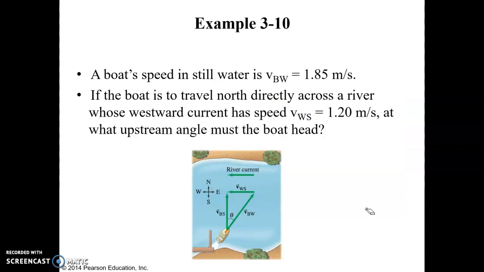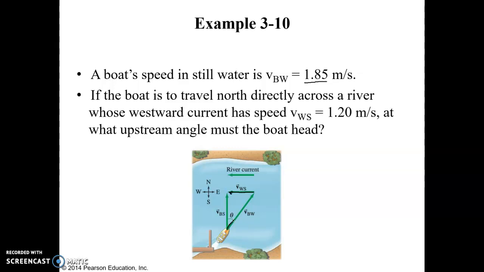So if we look at an example problem here, we have a boat that can travel in still water at a velocity of 1.85 meters per second. But this boat captain is smart enough to know that the river current is going to take him downstream.